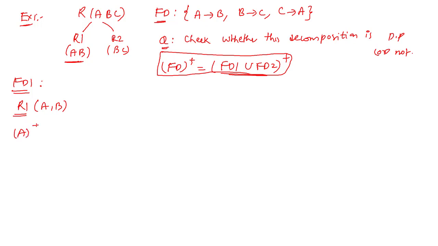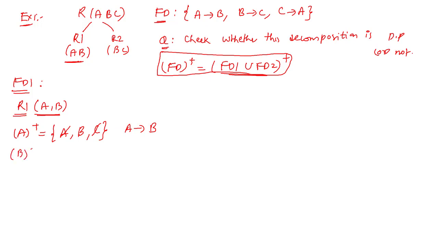Calculate the closure of A. A can determine A; from this functional dependency set, A can determine B and B can determine C. The closure of A is A, B, C. Among these, A is trivial so I can remove it, and C is not a part of relation R1, so I can remove it. Now the functional dependency is A implies B. This is the first functional dependency here.